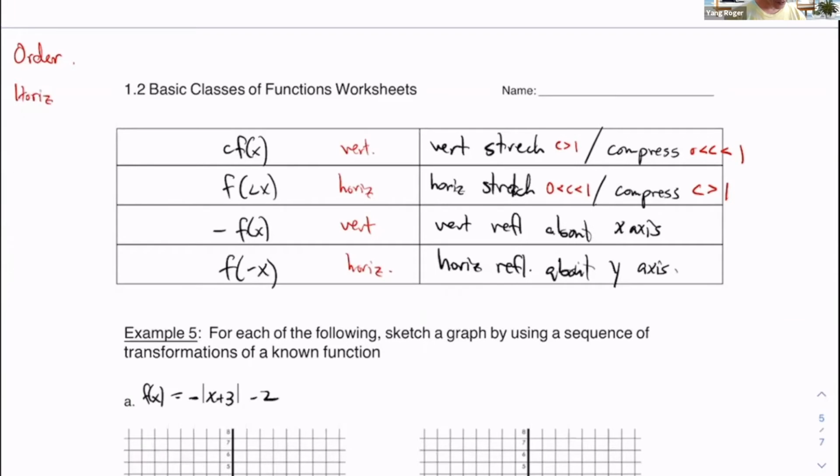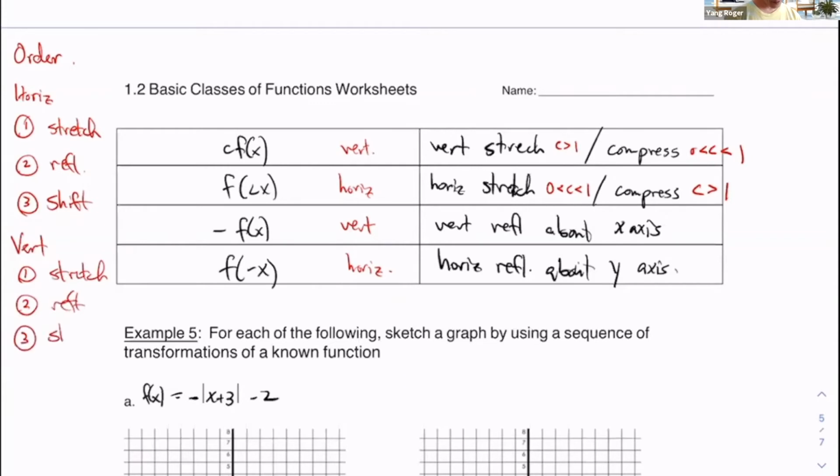The first thing you do is the stretch, the second thing you do is the reflect, and the last thing you do is the shift. And for the vertical stuff, you do the stretch first, then the reflect, then the shift. Okay. So things should be done in that order.